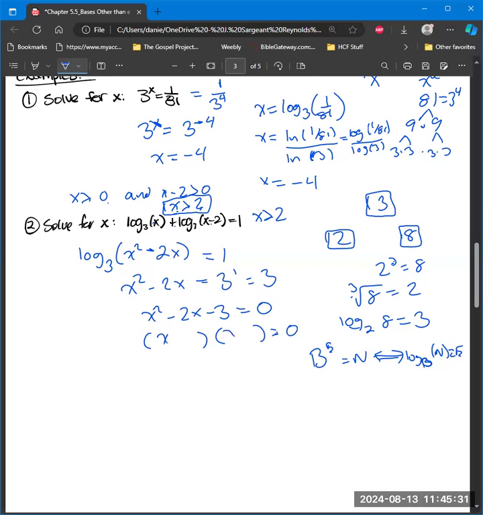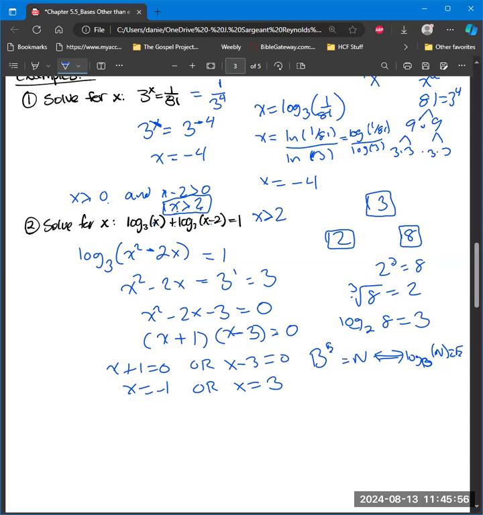It's going to be x plus and x minus, and what? Minus 3 and plus 1. So that negative 3 plus 1 is a negative 2. Gives me x plus 1 is equal to 0, or x minus 3 is equal to 0. x is equal to negative 1, or x is equal to a positive 3.